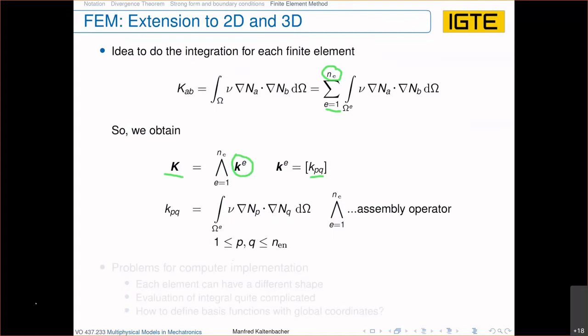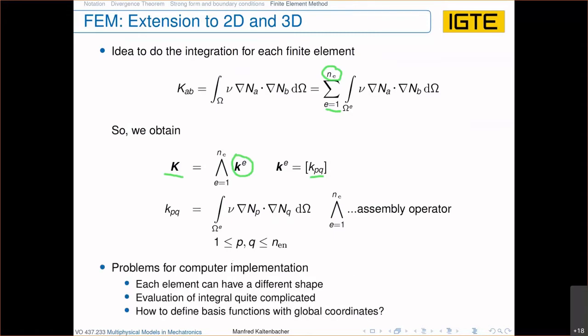Okay, so what is still not really practicable for implementation, clearly, is the following, that each element can have a different shape. We have seen when you generate your computational grid, each element can have a different shape, different triangle, different quadrilateral.